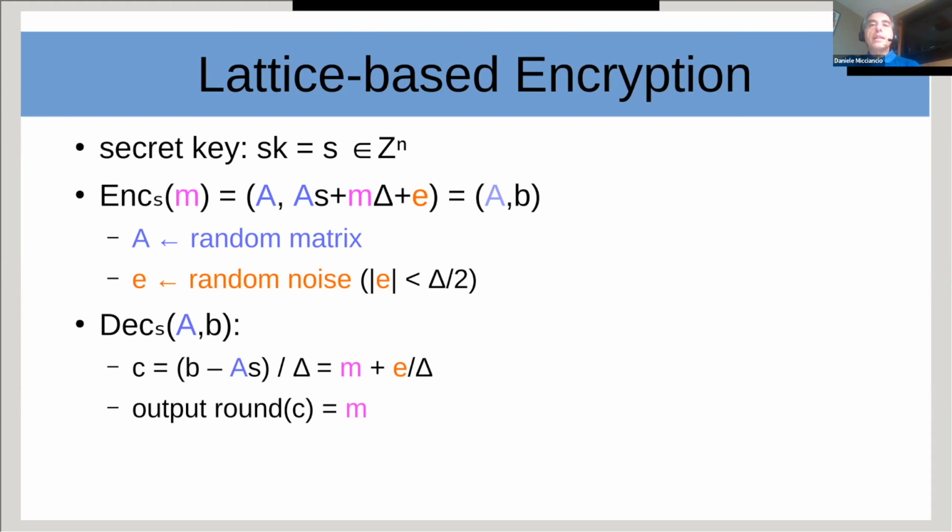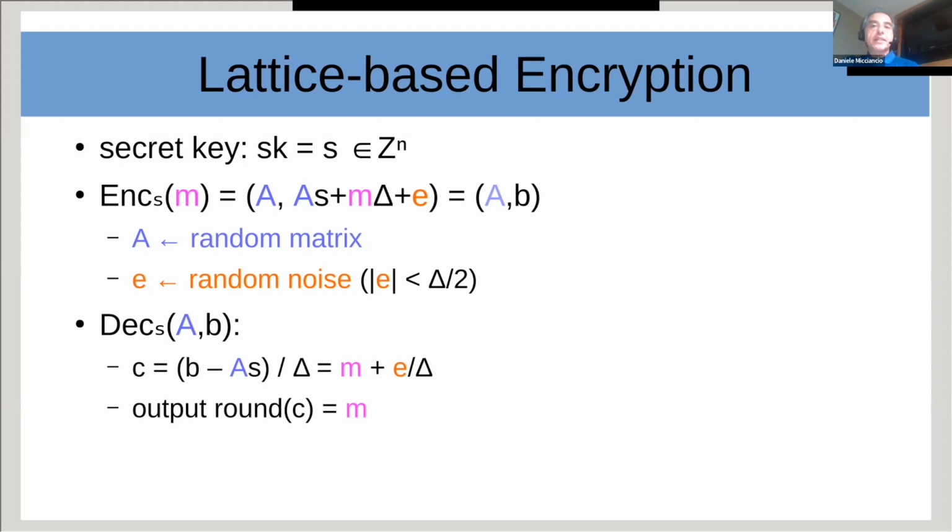The encryption algorithm picks a random matrix A with uniformly random entries in some finite ring, for example, the integers modulo Q. And it also picks a random noise vector E. By noise, I mean that the coordinates of E are small. In particular, they are less than delta over 2, where delta is some scaling factor. And the message M is encrypted as AS plus a scaled copy of the message, delta M, perturbed with this error vector E. And this second quantity is what I call B.